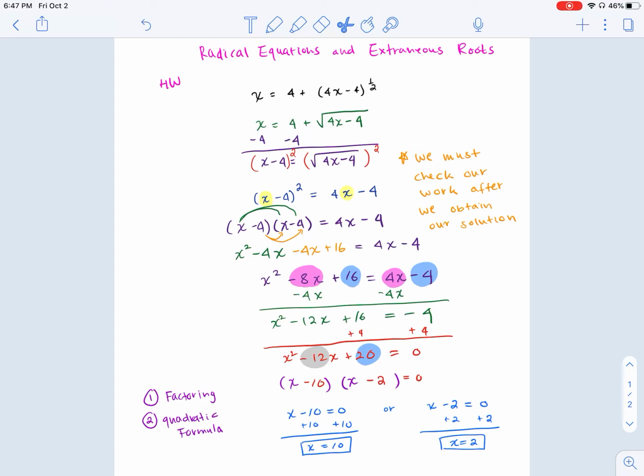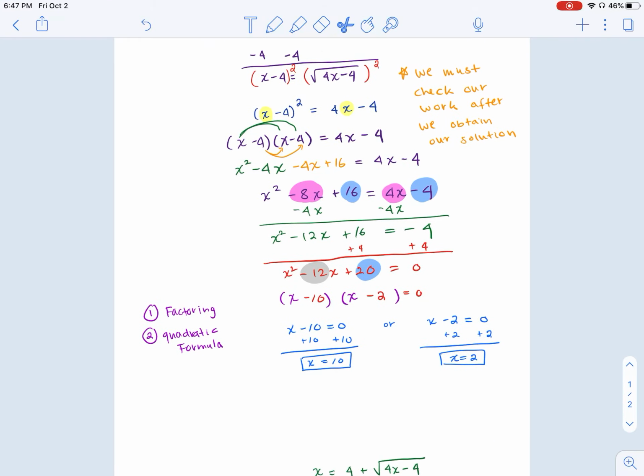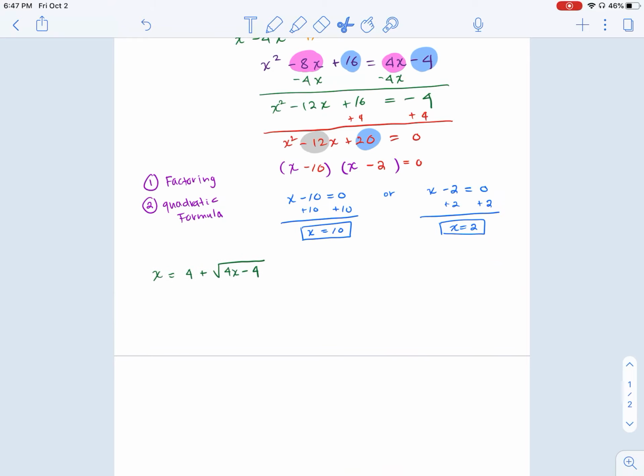I'm going to get the one in green because I feel like the radical symbol is something we're more familiar with. So I'm going to just bring this straight down here, and then we're going to check it. So let's first substitute 10. Instead of x, I'm going to put 10 is equal to 4 plus square root of 4 times 10 minus 4.